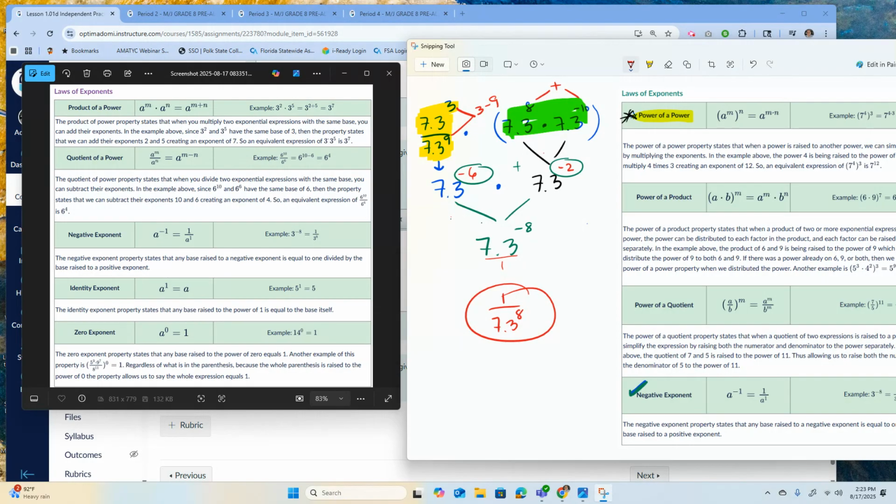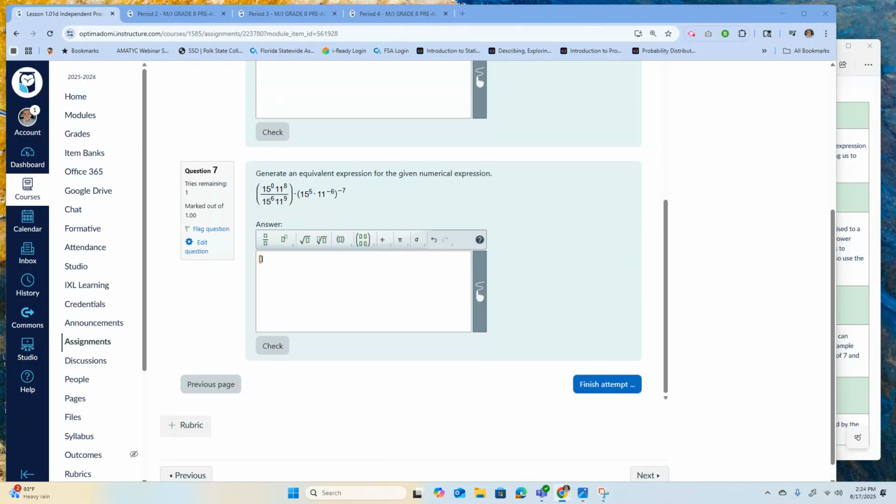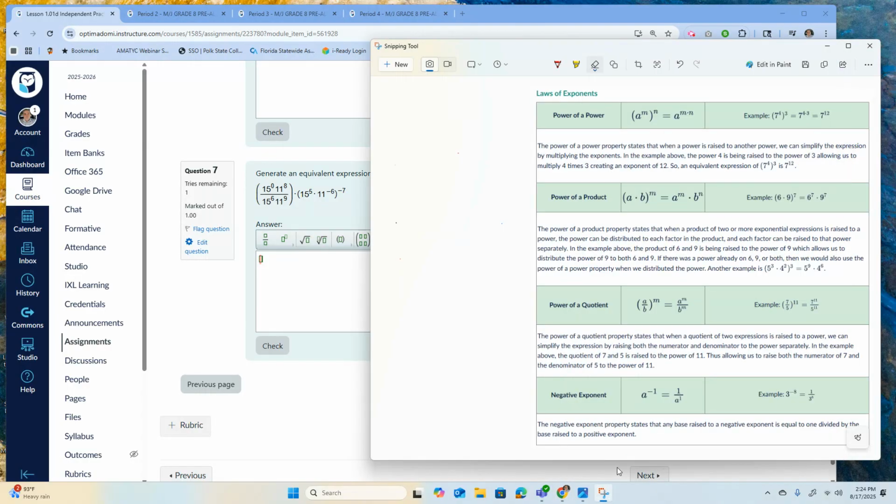Problem number 7. Now, this problem number 7 is kind of challenging. We have parentheses, but look, we have two different bases. Now, the cool thing is that the two different bases are repeated also. Okay, so watch. This is what I'm saying. So let me write it down first. So we have parentheses, parentheses, inside the parentheses, 15 to the 0 power.